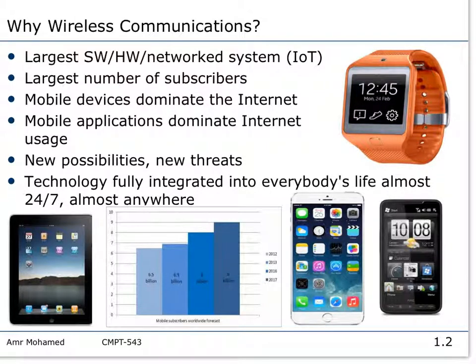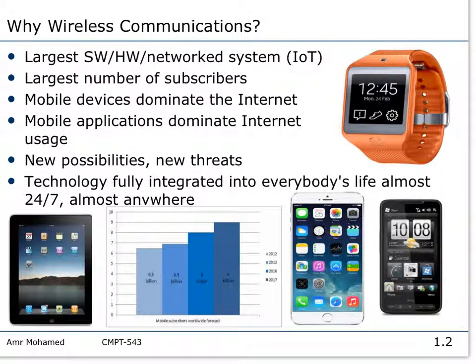Okay? So wireless communication touches just about every single discipline in our lives. And it's all because of the concept of mobility and portability, which increases the convenience of how people approach their daily activities, right?